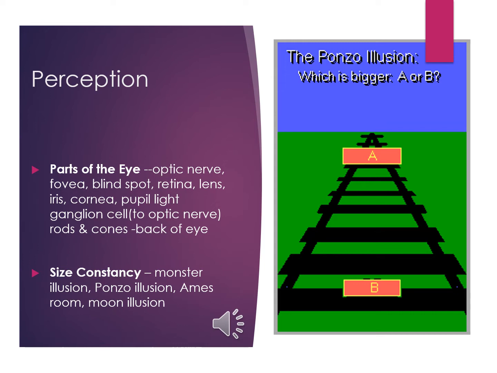This was first demonstrated in 1913 by an Italian psychologist named Mario Ponzo. And so the reason that the top horizontal line looks longer is because we interpret the scene using what's called linear perspective.